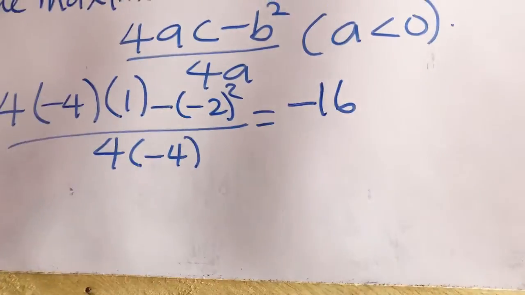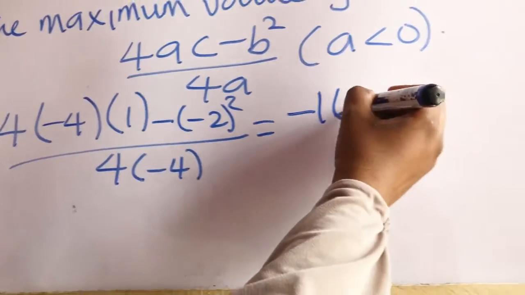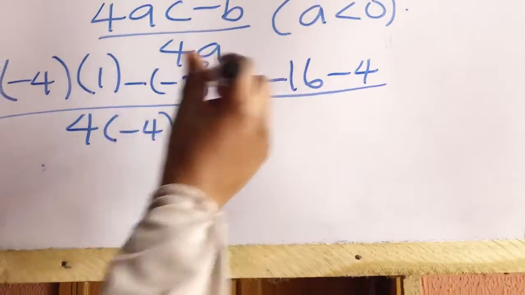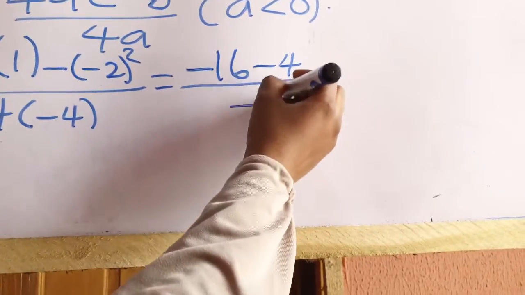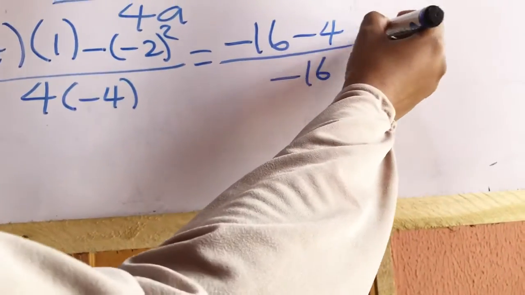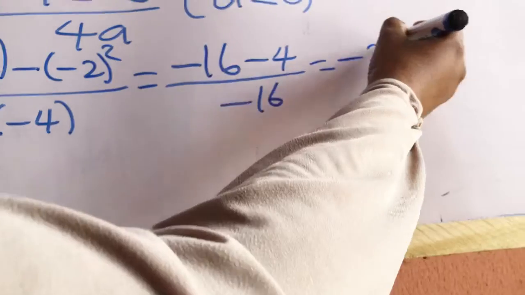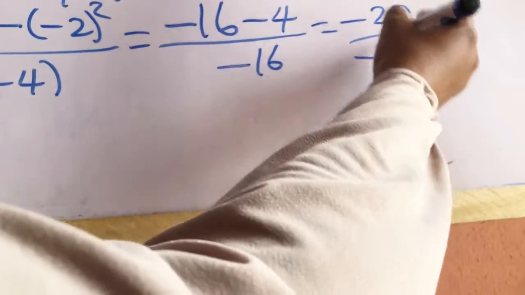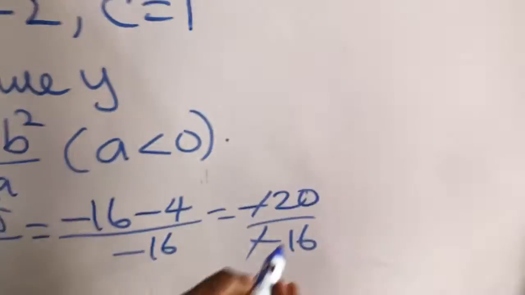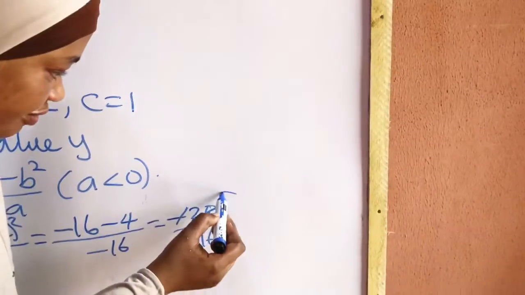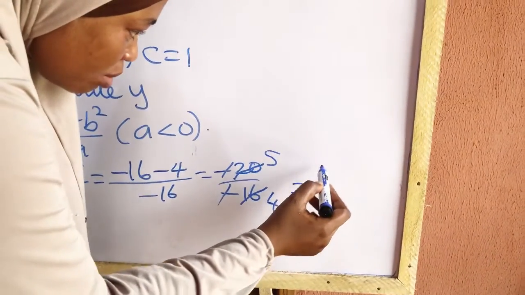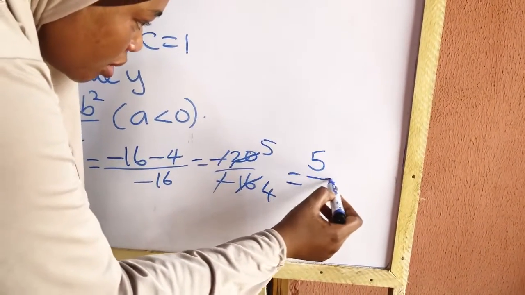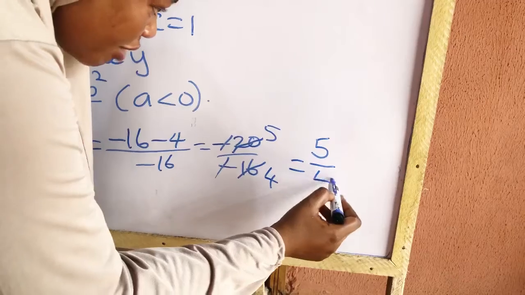Minus 2 squared is 4, and there is a minus there, so minus 4 over 4 multiplied by minus 4, which is minus 16. So minus 16 minus 4 is equal to minus 20 over minus 16. So minus cancels minus. 4 is common to them. 4 in 20 is 5, 4 in 16 is 4. So the maximum value of y is equal to 5 over 4.